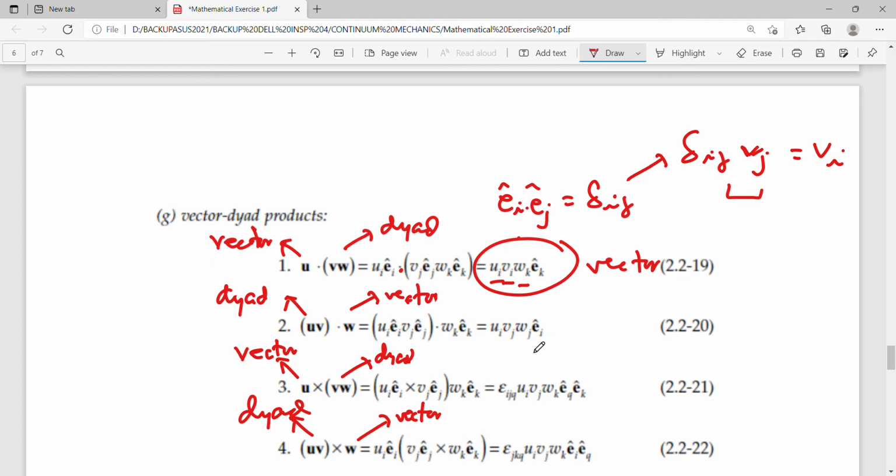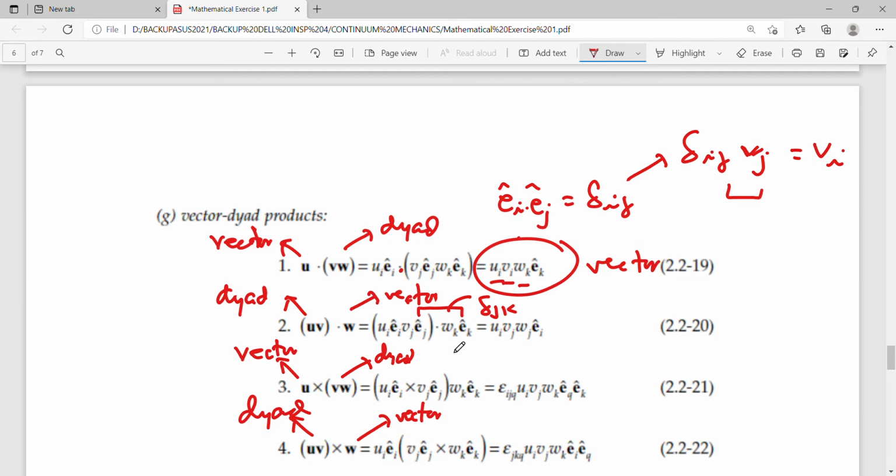Same is true with this case. Why? Because you just interchange the position. So if I just interchange the position, what will be multiplied here is the EJEK forming a delta JK there. Okay, so a delta JK, and the nearest to the JK here is the WK.